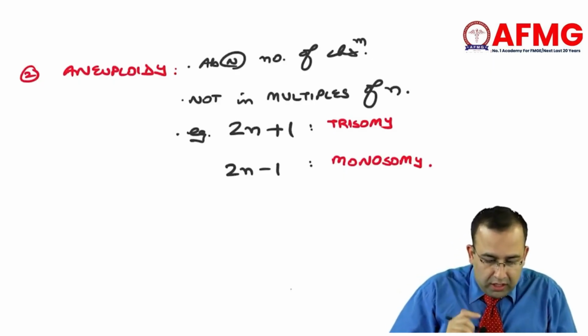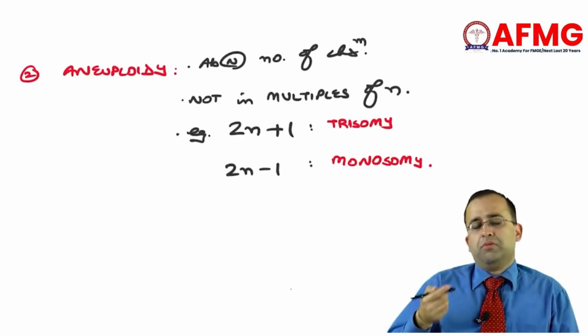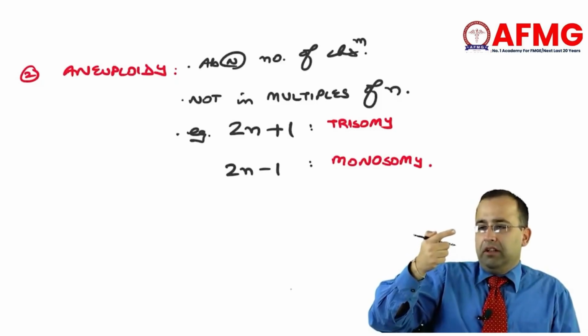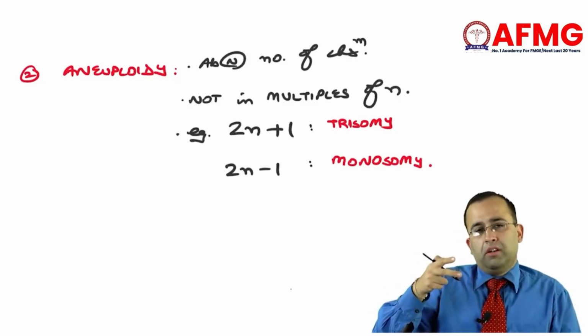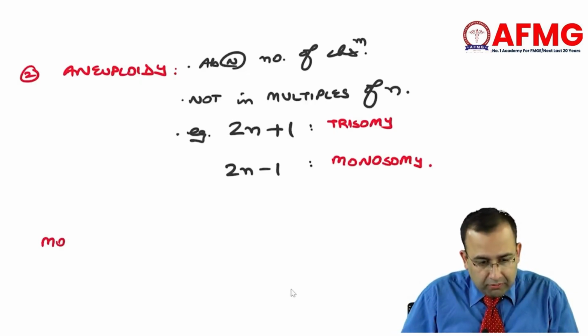Let us see one more thing. We have seen euploidy and aneuploidy. Another chromosomal abnormality is mosaicism.